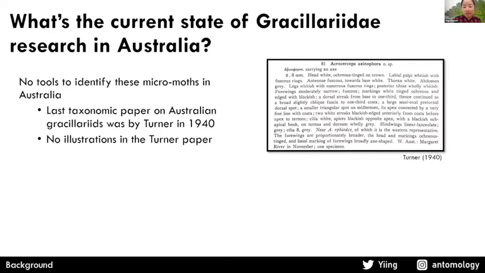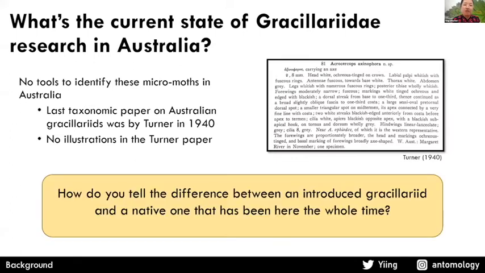That Turner paper in the 1940s had no illustrations, not even of genitalia or wing patterns. It was literally just descriptions, so it's a very difficult thing to refer to. That is the crux of this project: how can we identify a Gracilariid if you come across it?